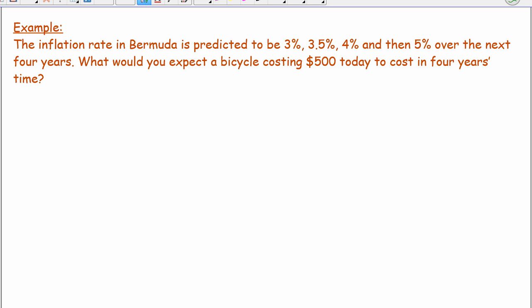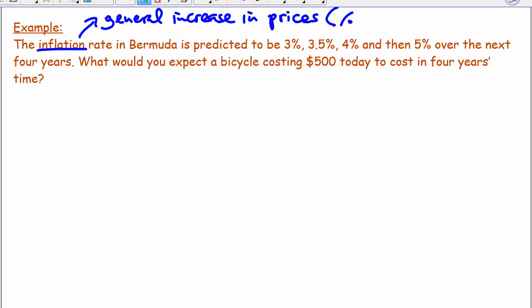First of all, I need to explain what inflation means. Inflation means a general increase in prices. Basically, this is percentage increase in the context of what we are learning right now.